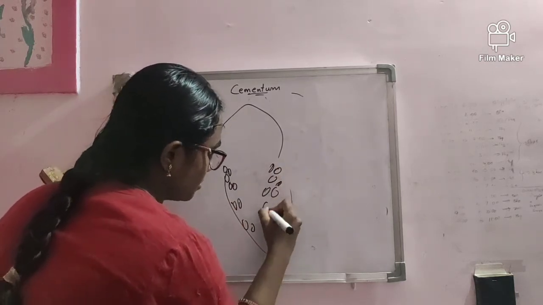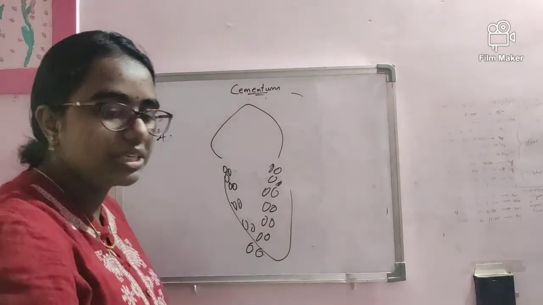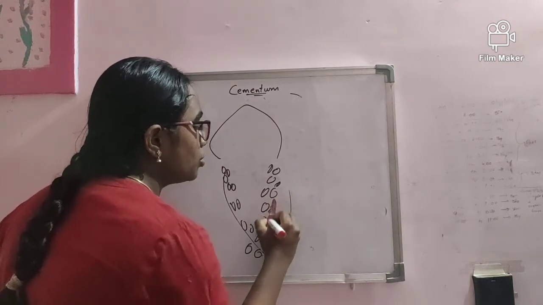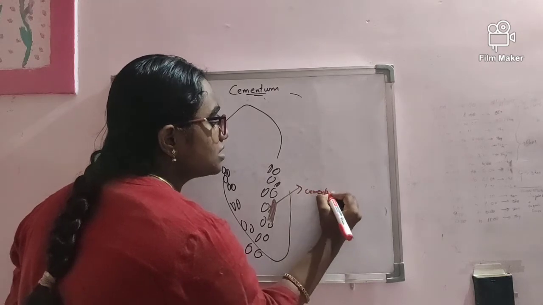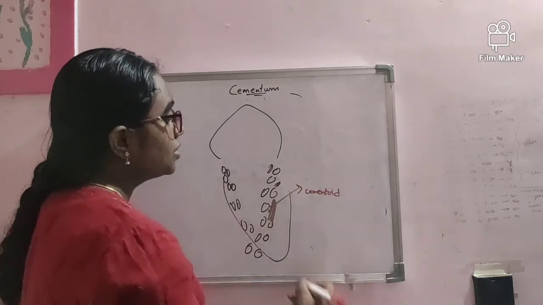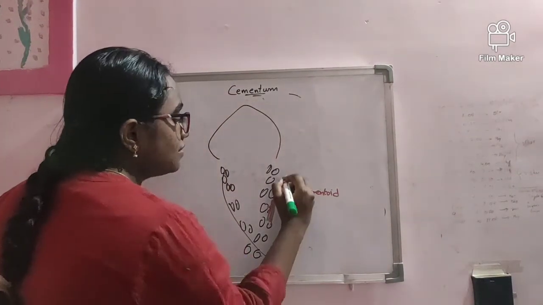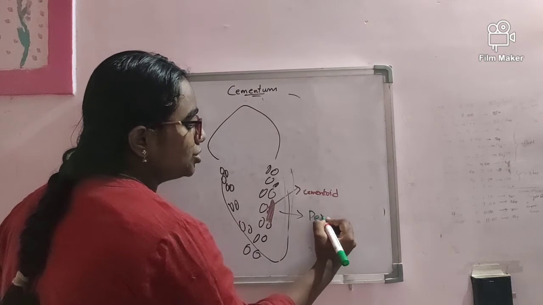Like this. So this is a Hertwig's epithelial root sheath, and parallel to it, I said there is the formation of cementoblast cells, which form the cementoid, which is uncalcified cementum. So here the cementum is present, and after the cementum, what do we have? We have periodontal tissues.